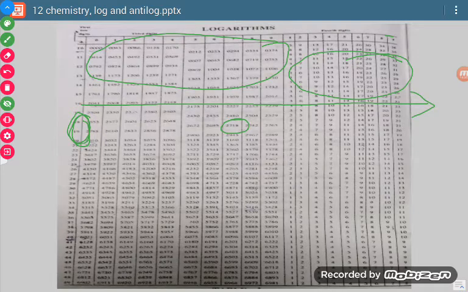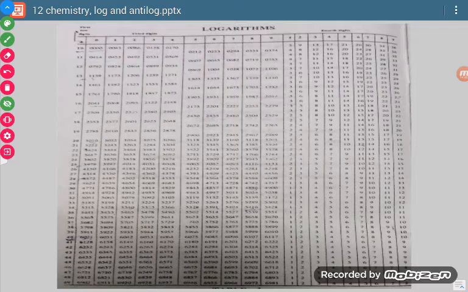Whatever value is obtained here is added with this. We add these two values, and whatever we get is written after the decimal. Before the decimal, what is written is the characteristic.